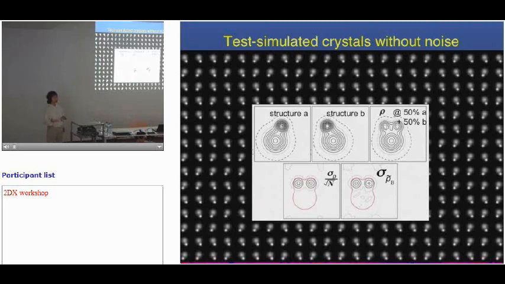So the first thing I did was do a simulation. I created a simulated crystal, with 2 lobes of density, and one of them stays constant, and the other one flips into 2 different conformations.